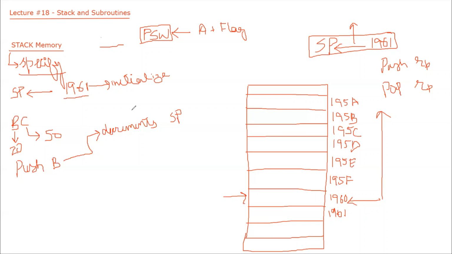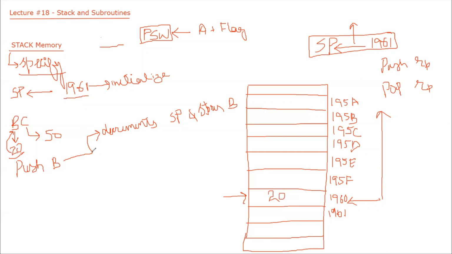It decrements stack pointer and stores the higher order byte. Higher order byte will be this, which is stored in B. Stores the higher order byte, or we can say stores B. So at this location, it will store 20.